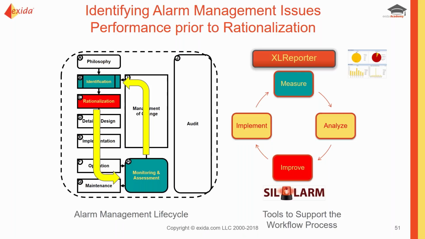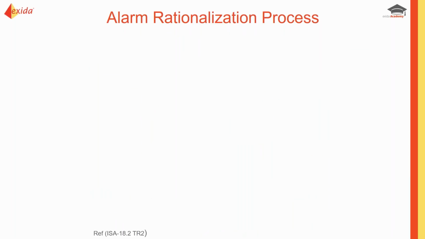And it's the performance measurement tool that is identifying the current batch of poorly performing alarms that would potentially be the ones that would be fixed in your next rationalization session. So you can see with XLReporter identifying the poorly performing alarms, and XIDA's SIL alarm tool, we can create an effective continuous improvement process.